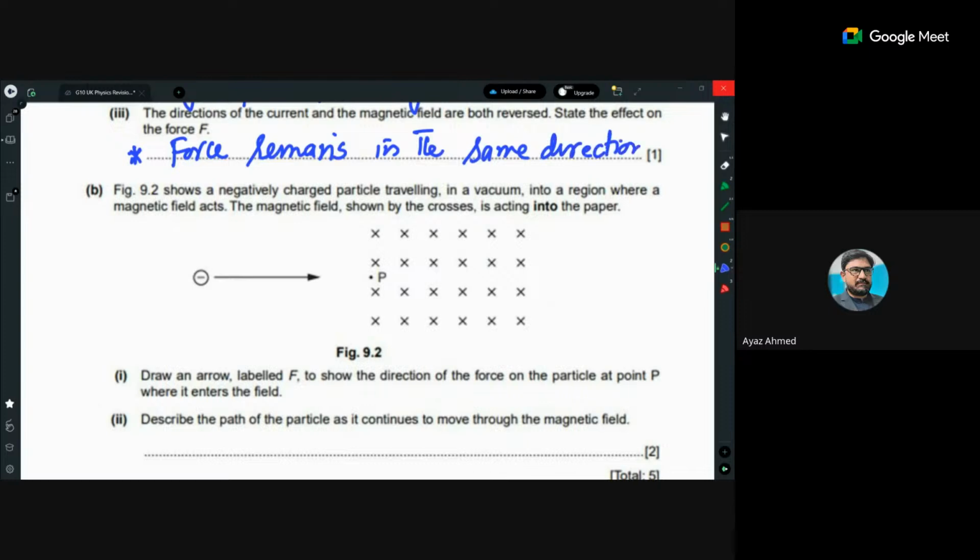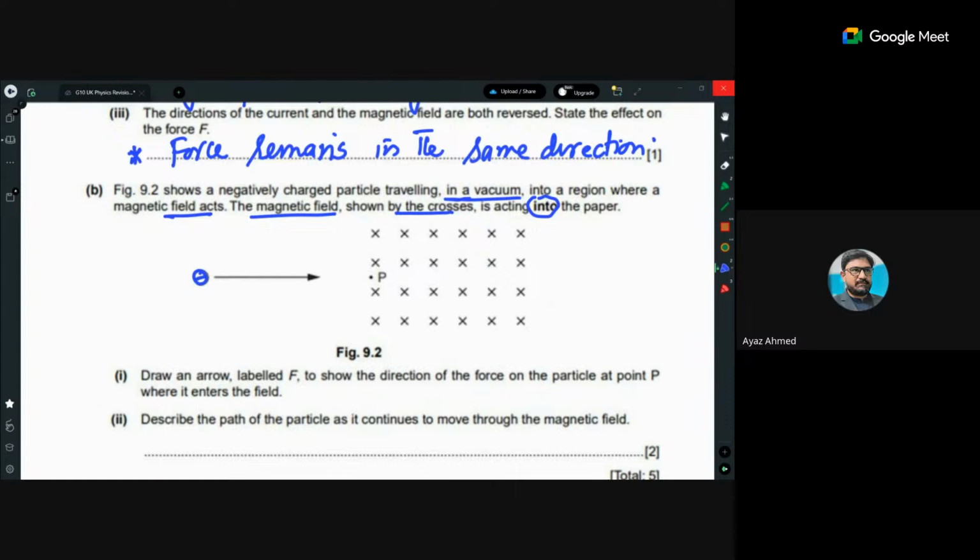Next, this is a negatively charged particle traveling in a vacuum into the region where the magnetic field acts. The field is shown by a cross; it acts into the paper. Into the paper means you have to point your index finger into the page. Apply this by your right hand rule.